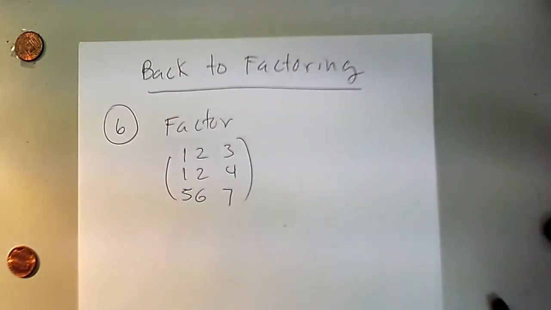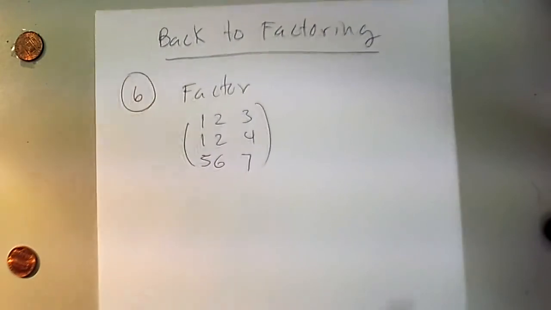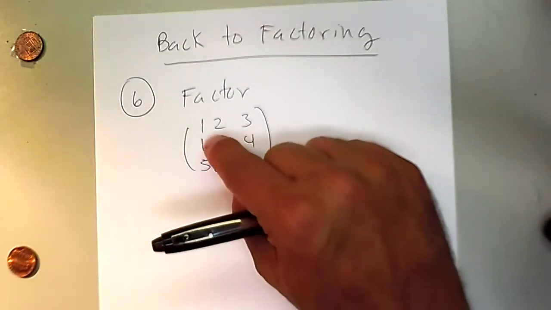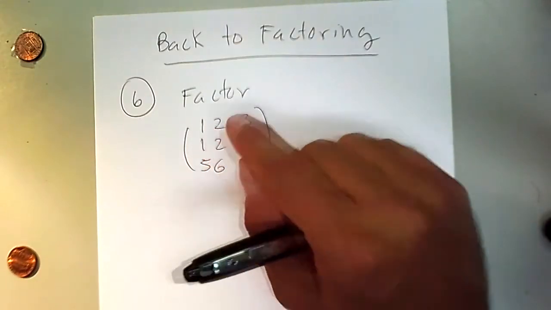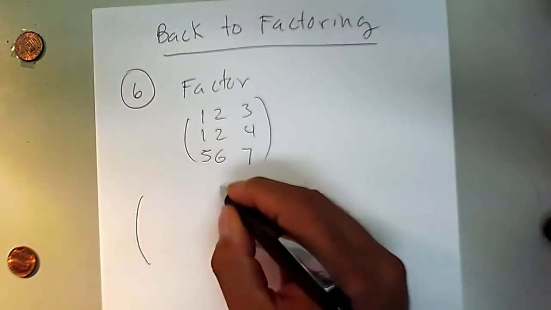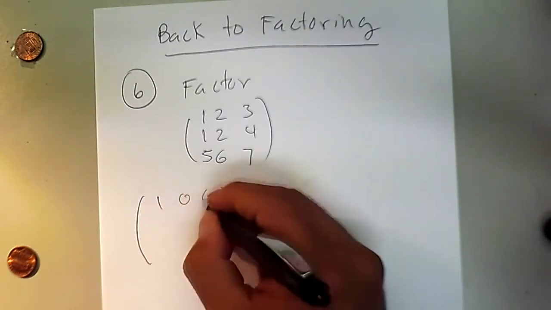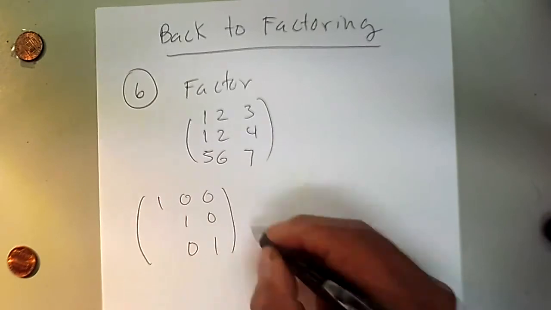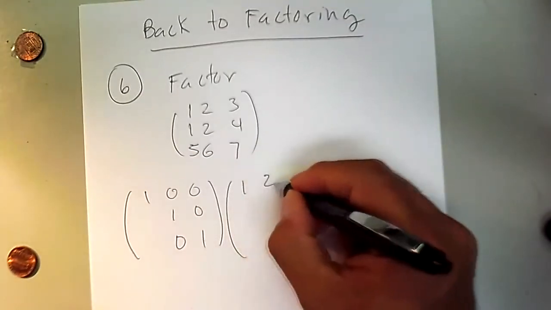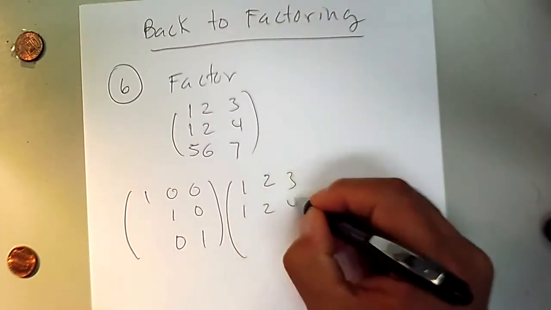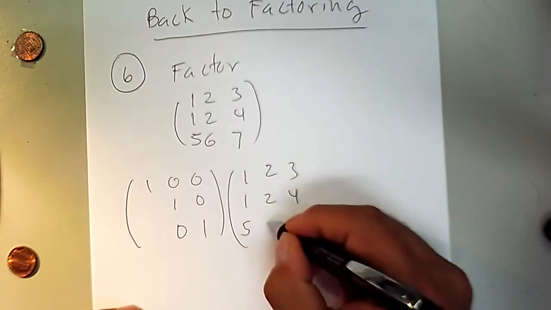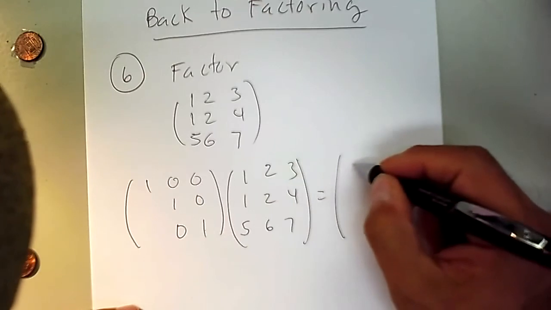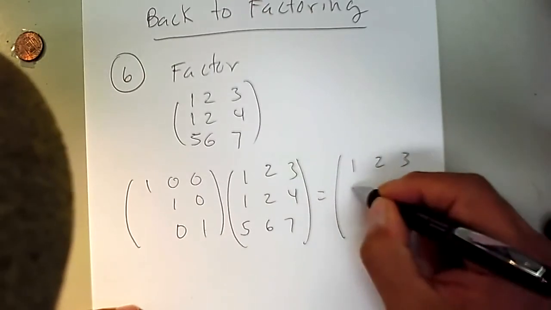Anyway, let's use the elimination method that we've been using since the previous video. So we want to get rid of this guy and this guy. Let's do that in one shot. So we're going to multiply by a matrix 1, 0, 0, 1, 0, 1, and 0 here, so that when we multiply with 1, 2, 3, 1, 2, 4, 5, 6, 7, we end up with 1, 2, 3, and 0, 0.